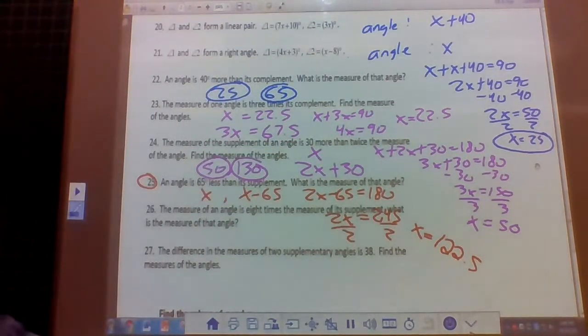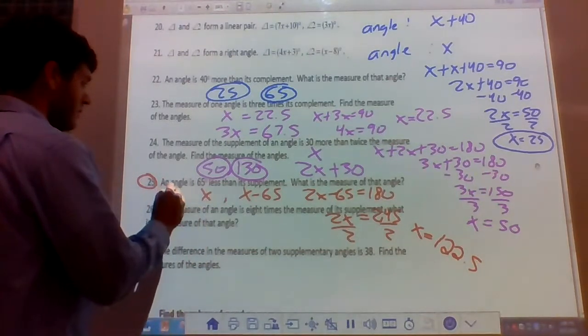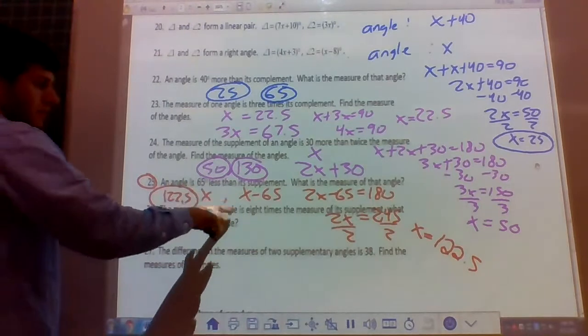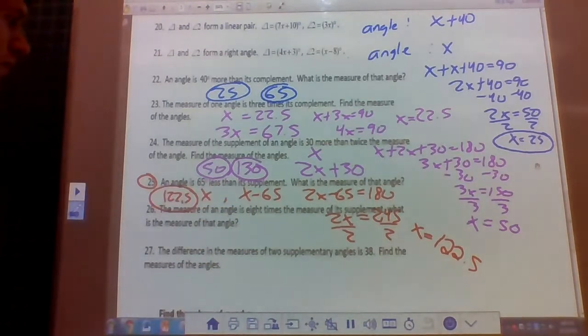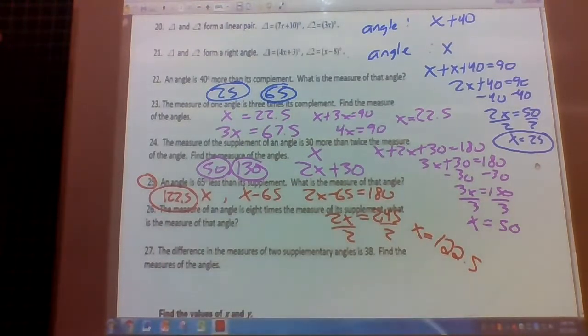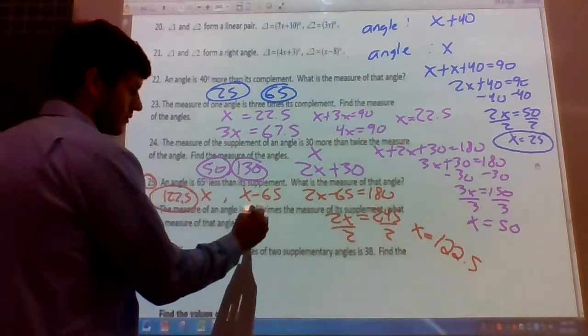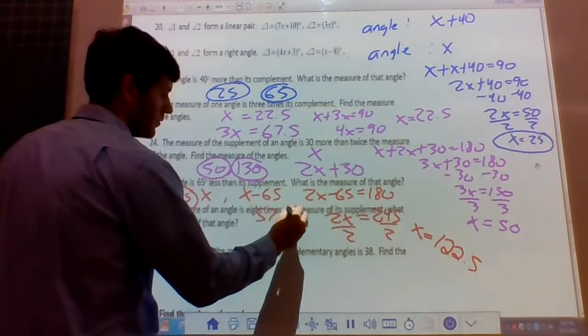So 122.5, and then minus 65, that's going to be 57.5. Yes, and it matches up here, so it is 57.5.